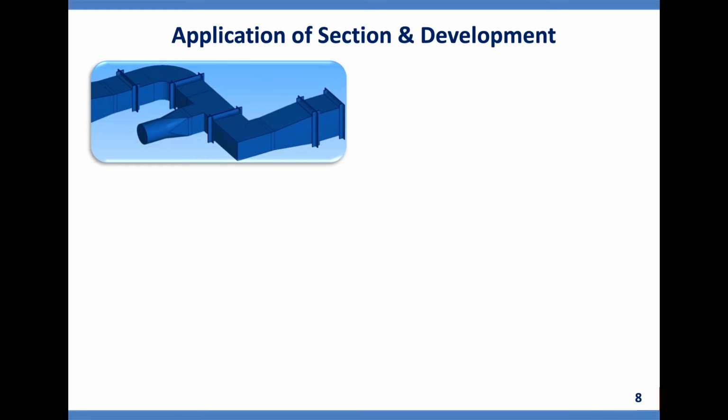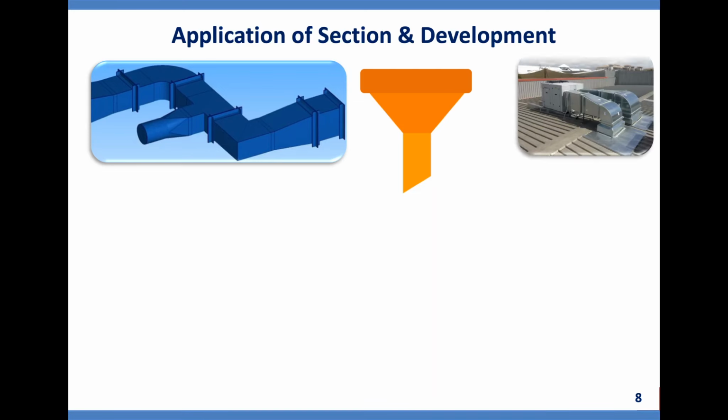All the combinations assembled together are one of the best examples. Next, funnel. Here you have cylinder, frustum of cone, truncated cylinder, all three connected to each other. Then, on the rooftop of an industrial building or a multi-storied building, the outlet you can see is one of the examples of section of solids and development.